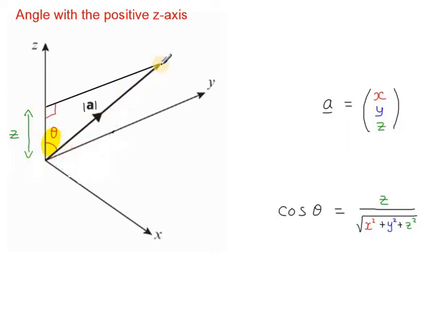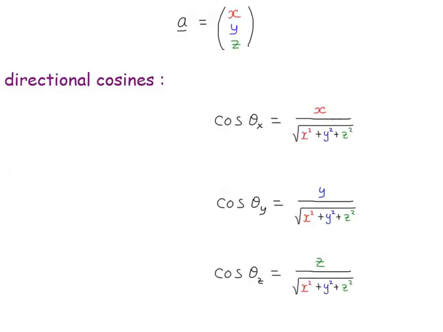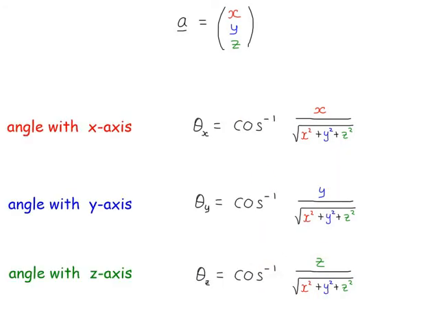Again, we know the length of the hypotenuse, so you've got the adjacent, you've got the hypotenuse, so the cosine ratio. And a quick summary of the cosine ratios: if you do cos inverse to any of these ratios, we get these angles, the angle with the x-axis, y-axis and z-axis.